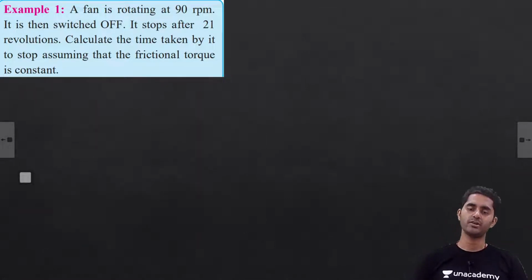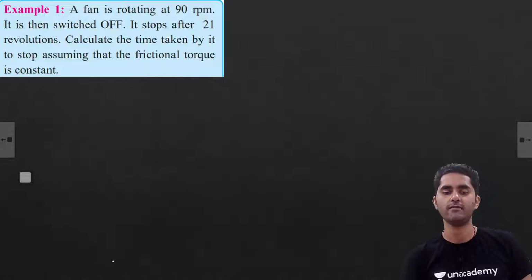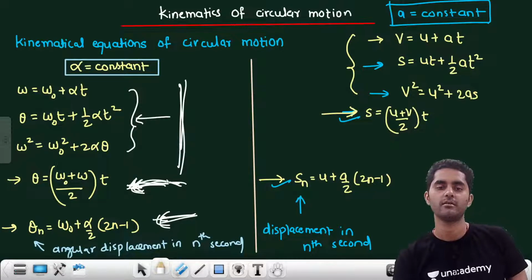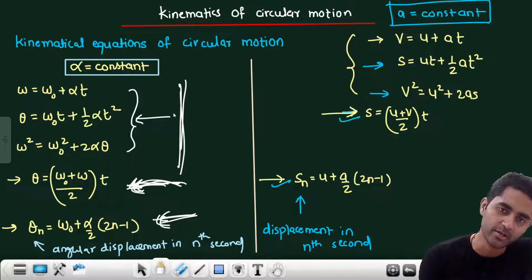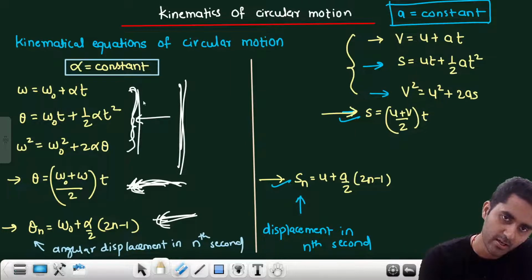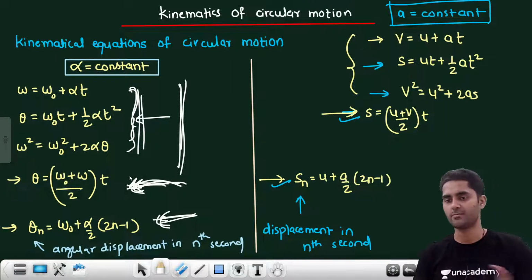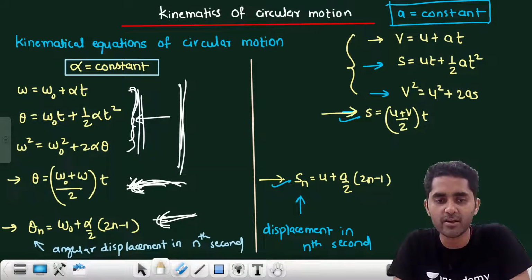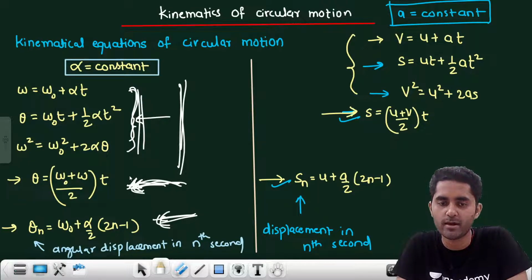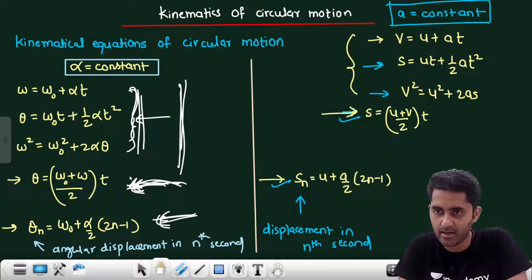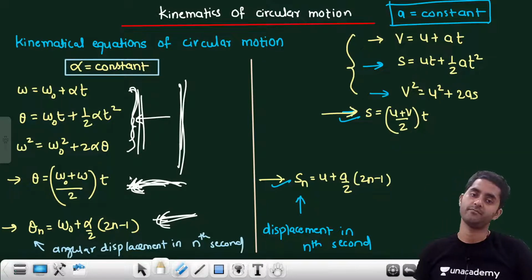See, you have the equations. If you want to use these three equations, you have to use two equations to solve the same problem. I've just used one equation, theta is equal to omega naught plus omega upon 2 into t, and got it solved. But if I want time, I have to use two equations here. We know omega naught, omega and theta, and we have to find t.